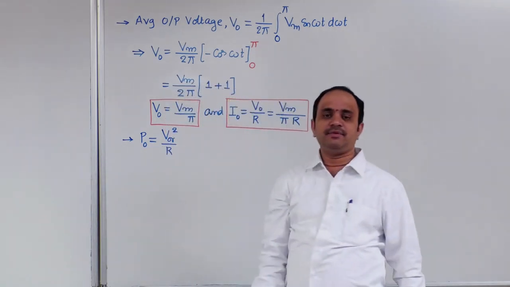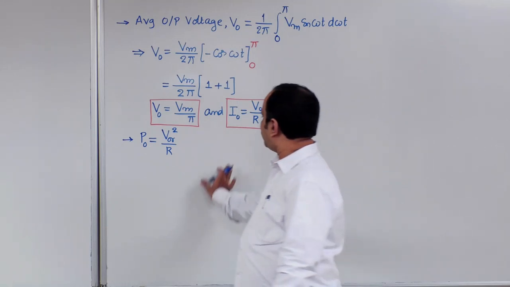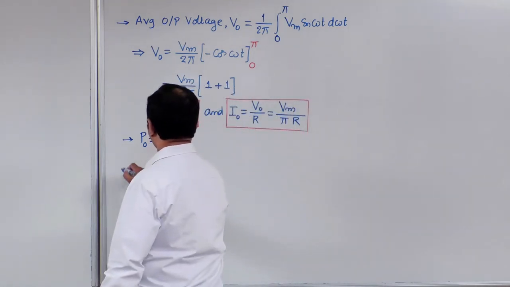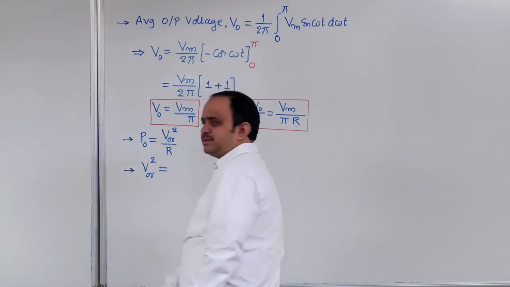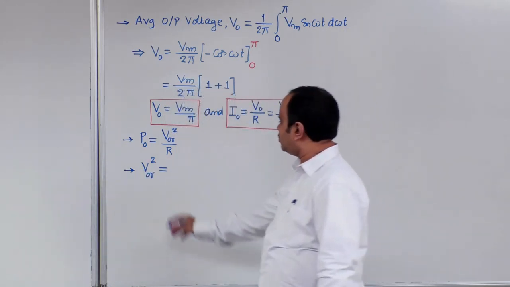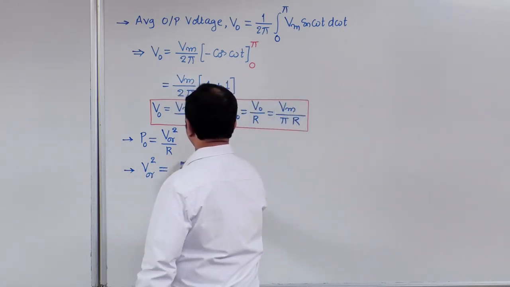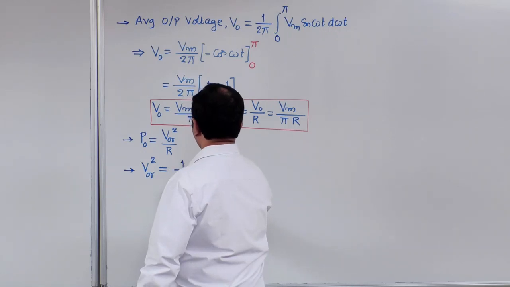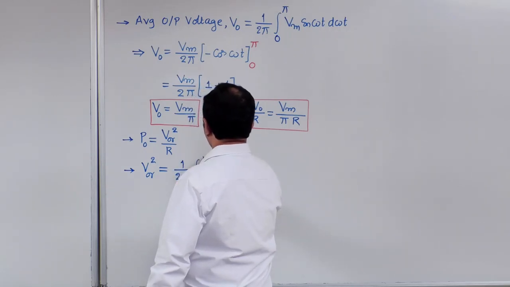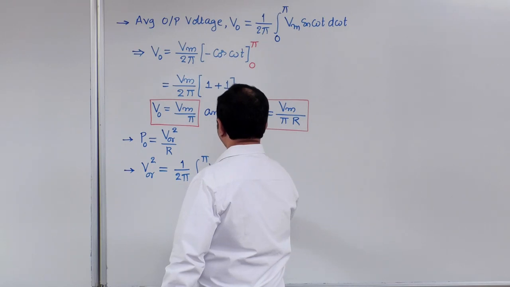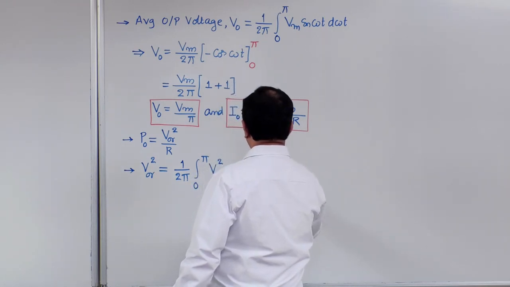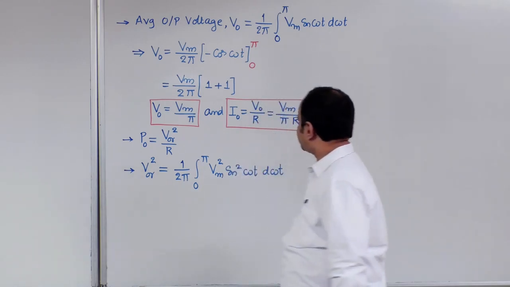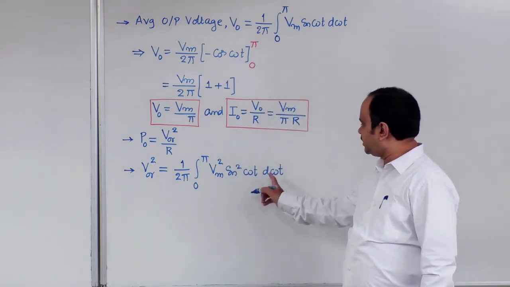Now, as the load is a resistor, how can we define output power? Vor square divided by R. Therefore, in order to find output power, we should calculate the RMS voltage first. Vor square is equal to 1 by 2 pi integration from 0 to pi Vm square sin square omega t d omega t.